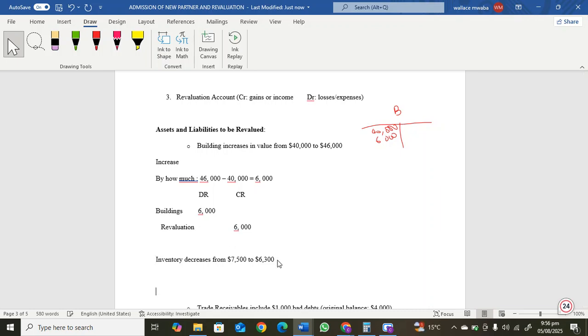Okay, the next one, inventory decreases from 7,500 to 6,300. So here we have a decrease.